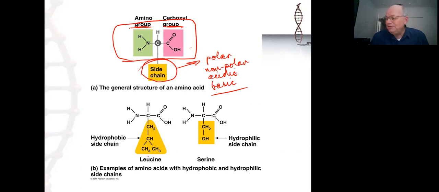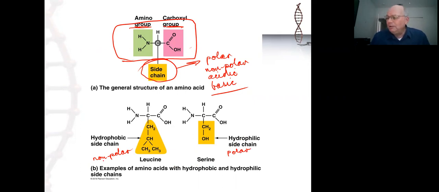So leucine, which is one of the two amino acids that are shown here, has a very hydrophobic side chain because it's pure hydrocarbon. So leucine is a non-polar amino acid as a consequence, because its side chain is non-polar. Serine, on the other hand, has a polar side chain. And so as an amino acid, it is also polar. That is its chemical property.